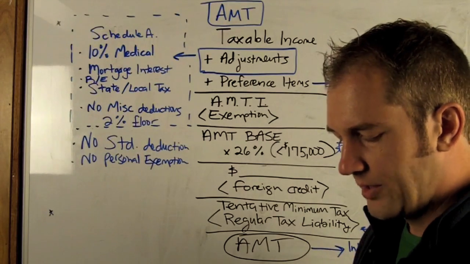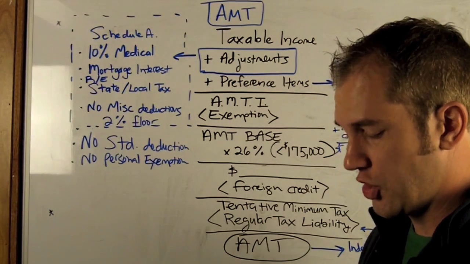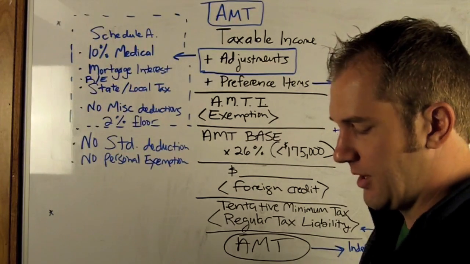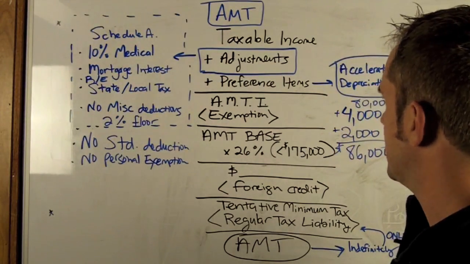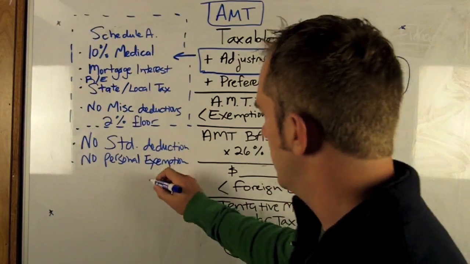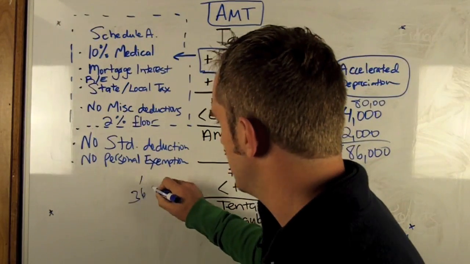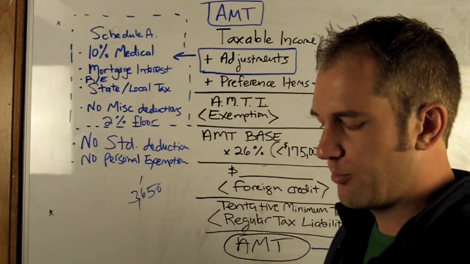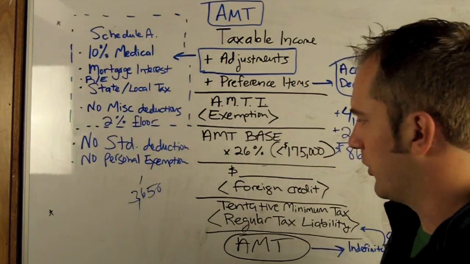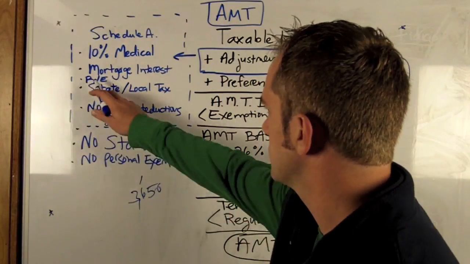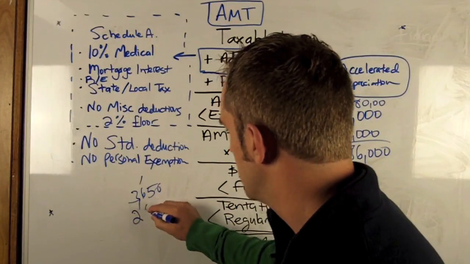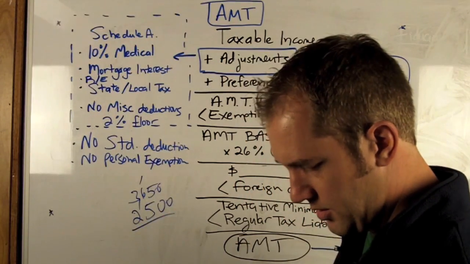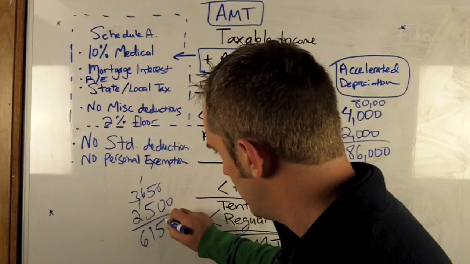All right. When determining his federal income tax, Kurt had the following items for 2009: a personal exemption of $3,650, and an itemized deduction for personal property taxes of $2,500. Property taxes right there. All right, that's $6,150.